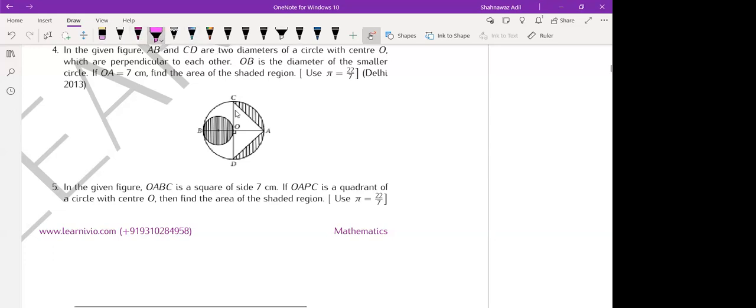So, let's say this semicircle, right? And then this semicircle. Because finding the segment and then adding would take more time. So, you have these two semicircles. Now, you tell me what we will do.